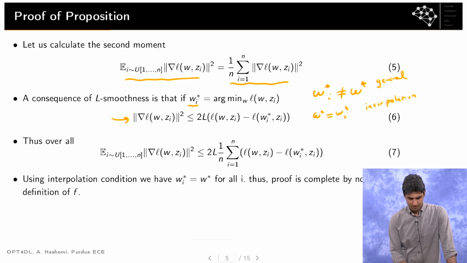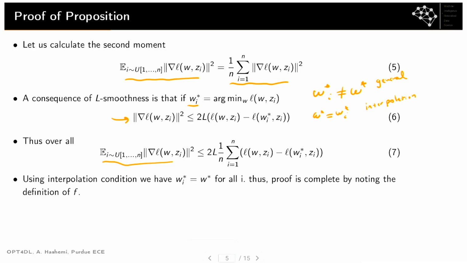Okay, so that means that the second moment is now bounded by 2L times the average of the individual suboptimality gaps. Now, as I just mentioned, thanks to interpolation, Wi star is equal to W star.